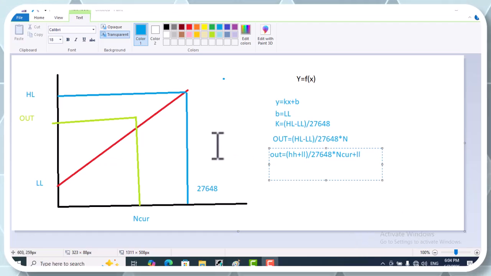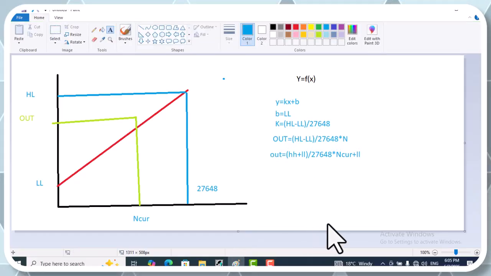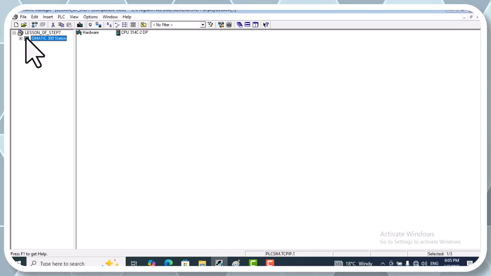And my friends, we can also write these formulas in SCL language. I think we can do it now if we have more time. Let's do it now and try to simulate our programs.